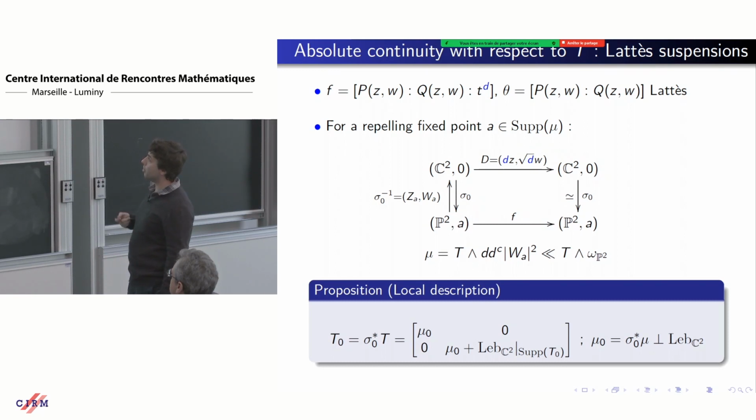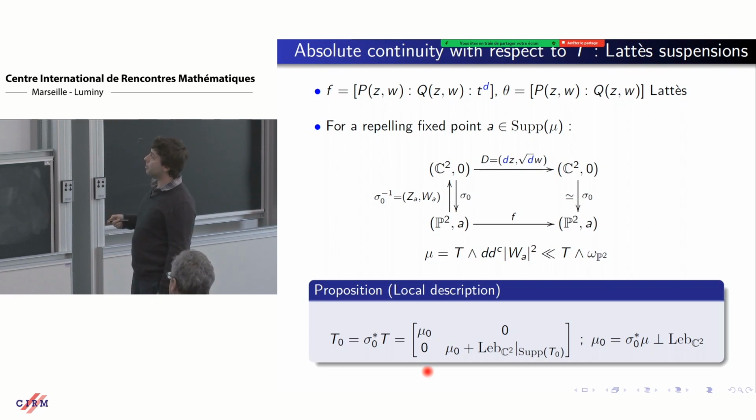Then we understand very well the dynamics of these mappings. Near repelling fixed point, we can linearize the map as follows, and we can give a precise description of the current. So if you are on C2, the current is, you can replace it by an Hermitian matrix with, but not composed of complex numbers, but composed of complex measures. So on the diagonal, you have positive measures. In this particular example, the over diagonal is null, but it's not the case in general.